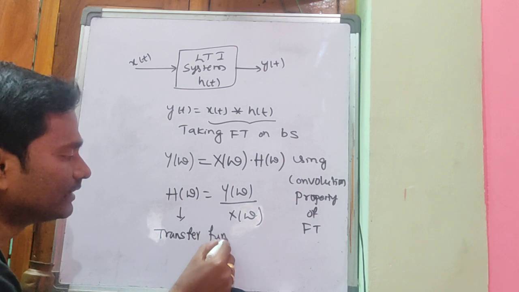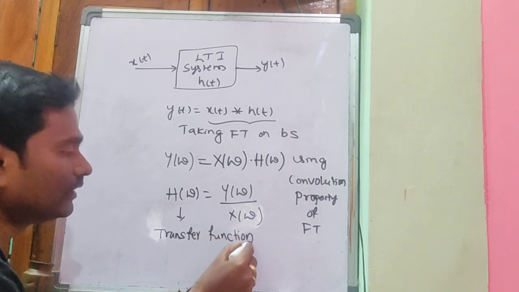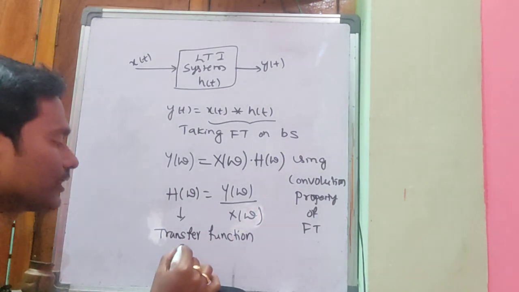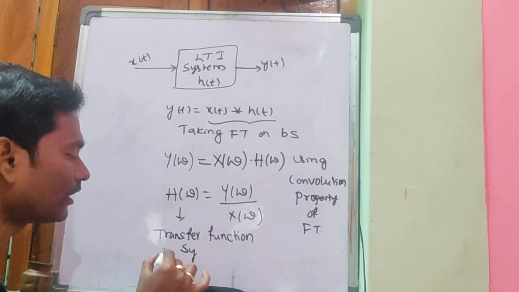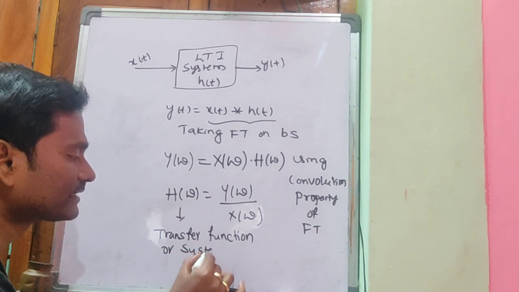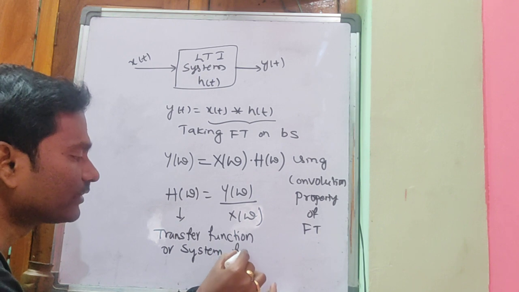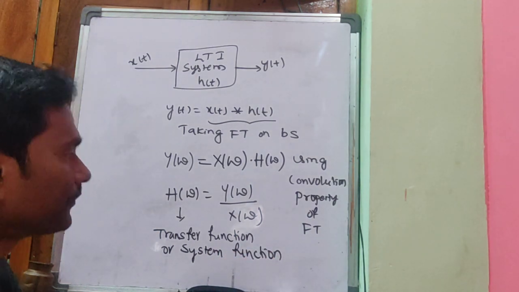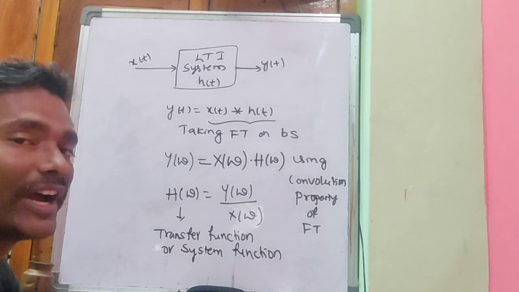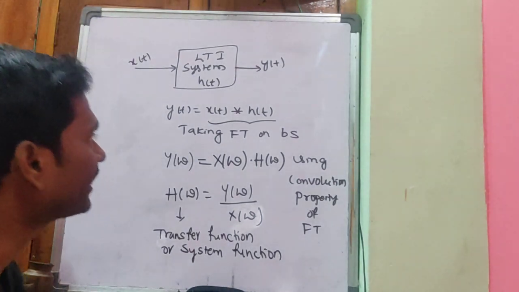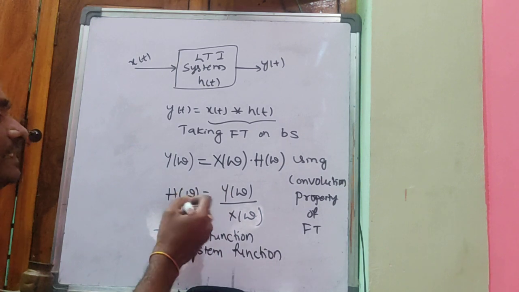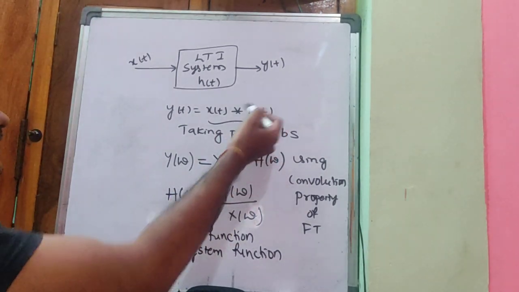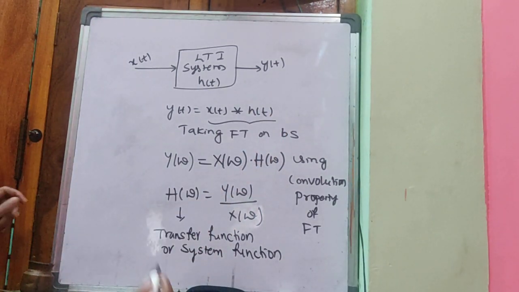Remember students, this is called the transfer function. We can also call it the system function. H of omega is equal to Y of omega by X of omega. You can easily understand the relationship between h of t and the transfer function.